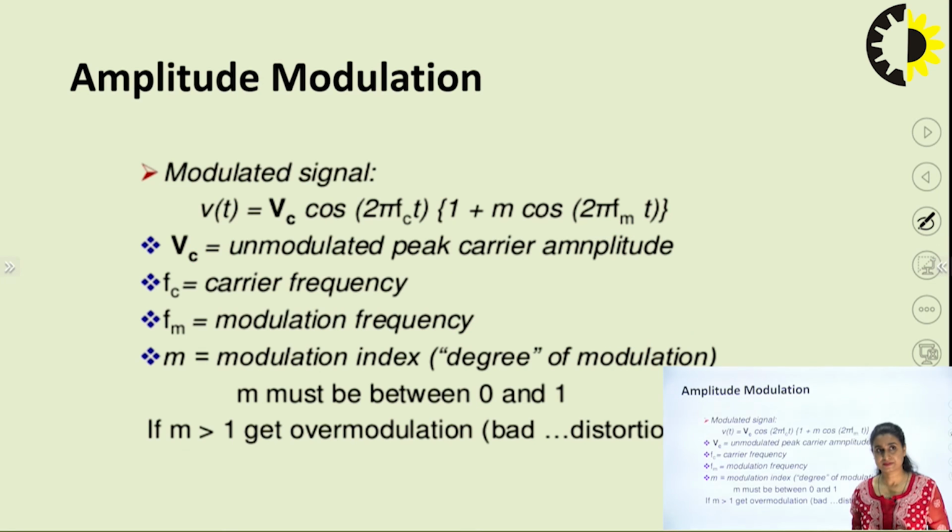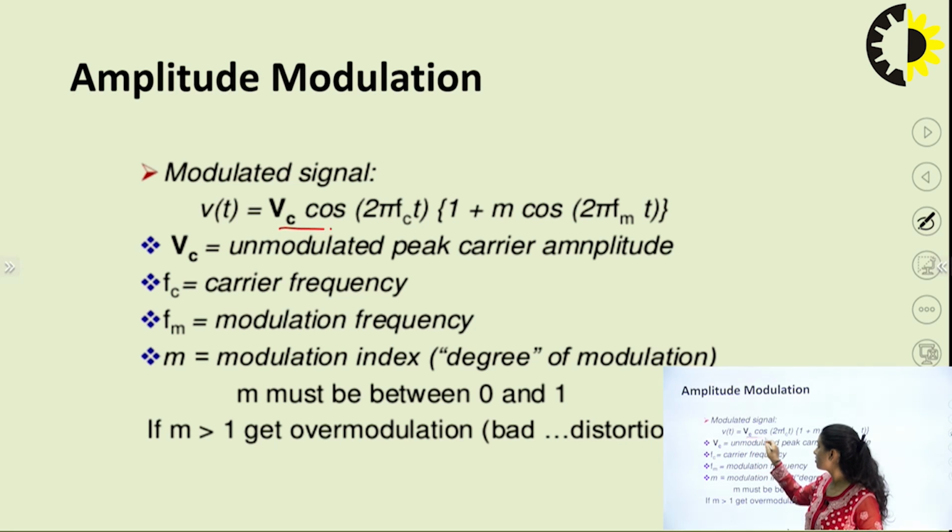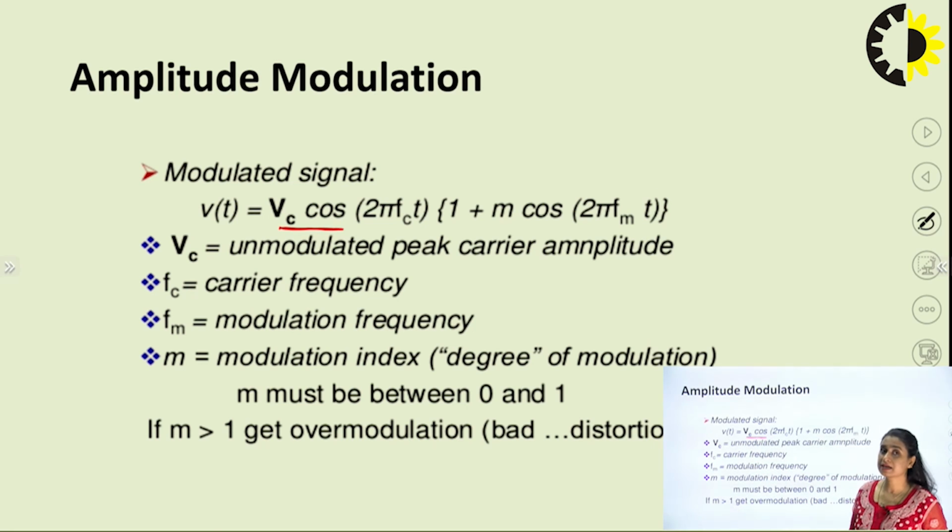Here the modulated signal can be represented as v(t) equals Vc cos, because the carrier amplitude will be varied while the phase and frequency remain constant.